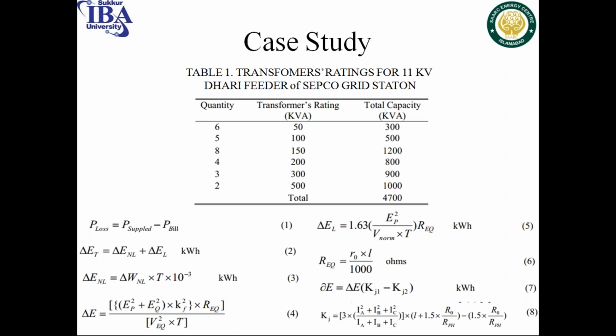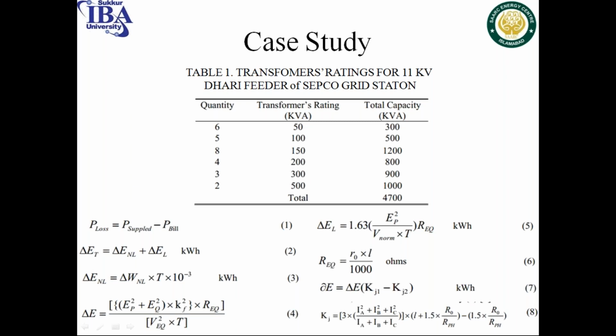Now we will assess on each transformer how much unbalance is actually occurring. We cannot go to each consumer and measure each one, because ultimately the consumers are connected with the transformer. So while measuring the unbalanced loading on the transformer, we are ultimately measuring the unbalancing of the customers. This unbalance can be measured by using these equations.